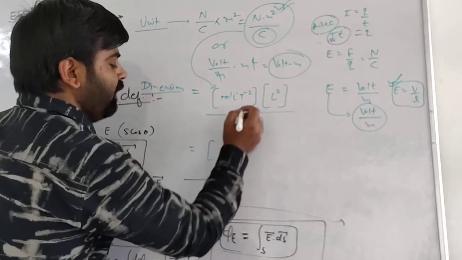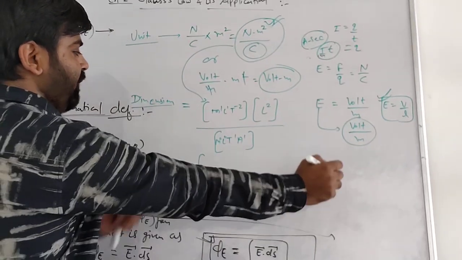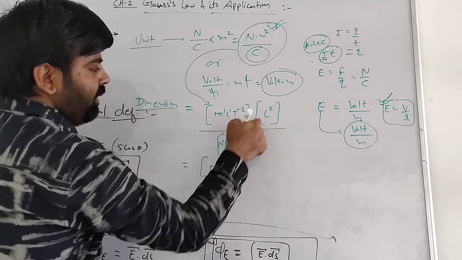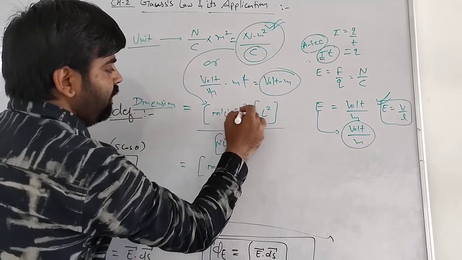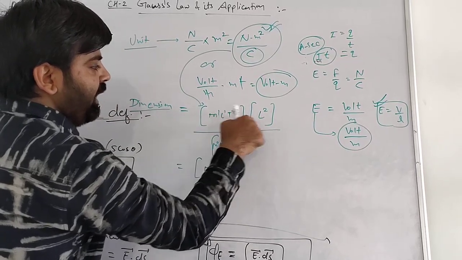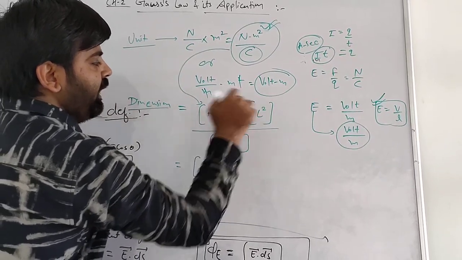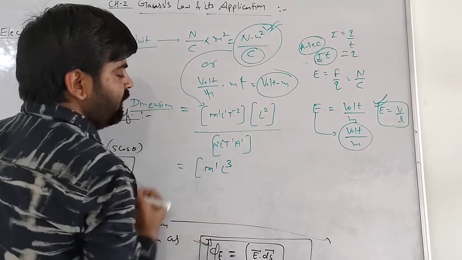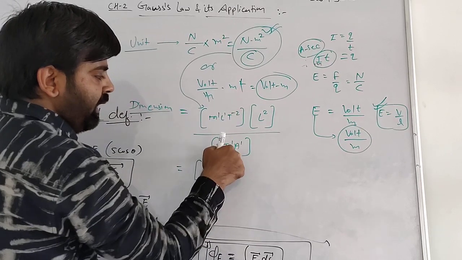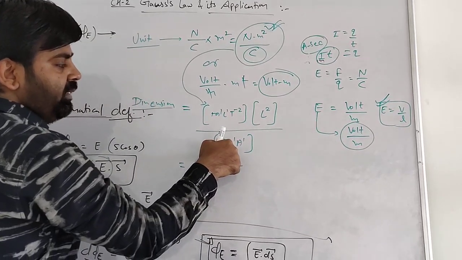So after solving this equation, M1, the mass is present once, L1 and L2 in multiplication have the same base L, so the powers will be added: 1 plus 2, it is L3. T minus 2, and in division T1.